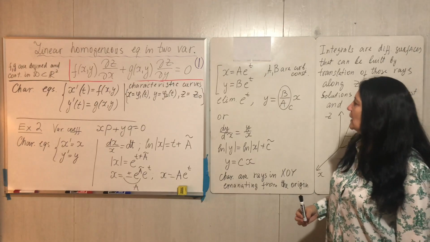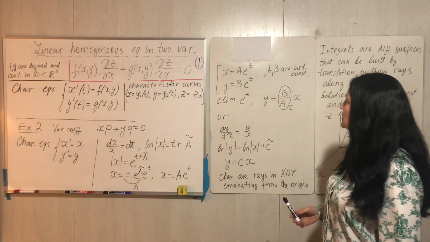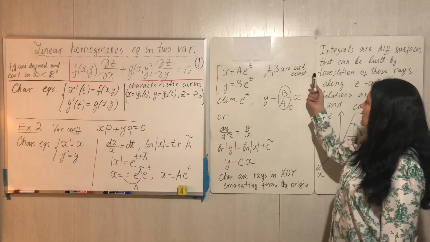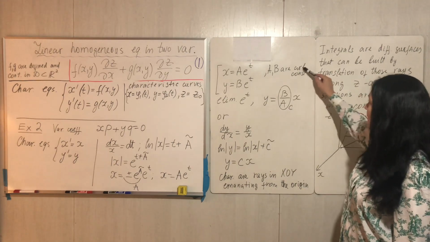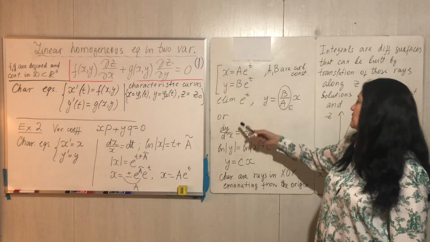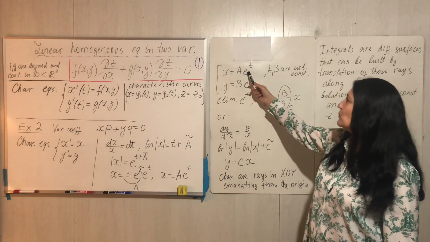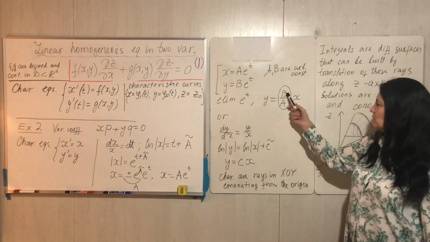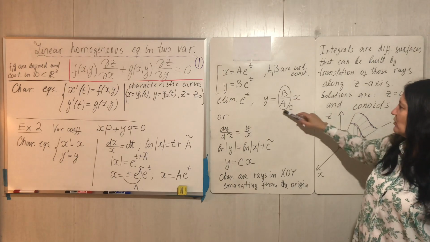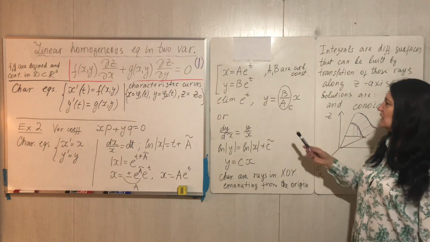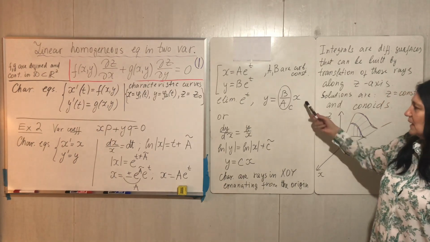So this is a parametric representation of our characteristic, where a and b are arbitrary constants. If we eliminate e to the t, for instance, expressing from the first equation e to the t is x over a, we will get that y equals b over a times x, and b over a is just some arbitrary constant. So the equation we have is y equals cx.